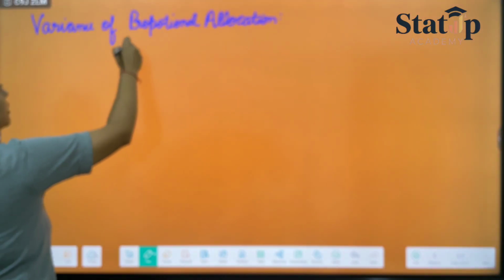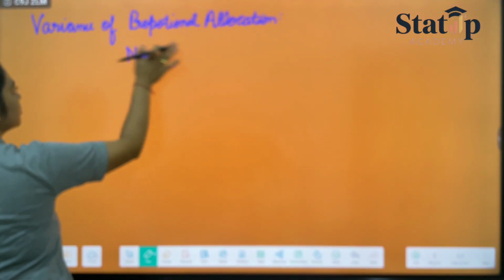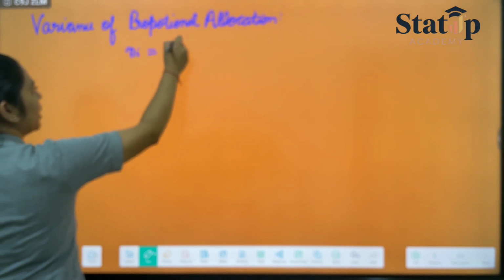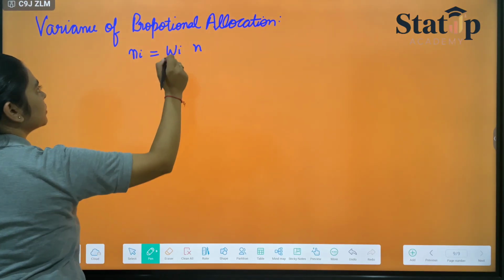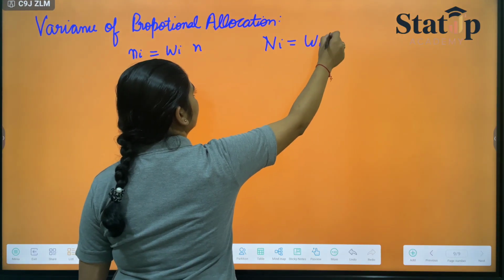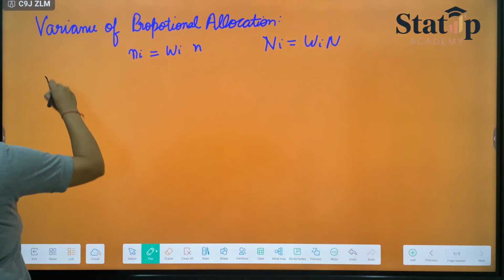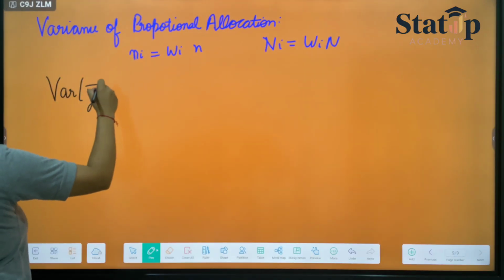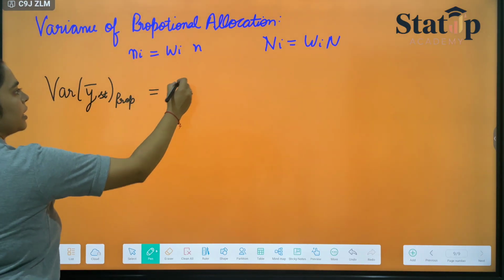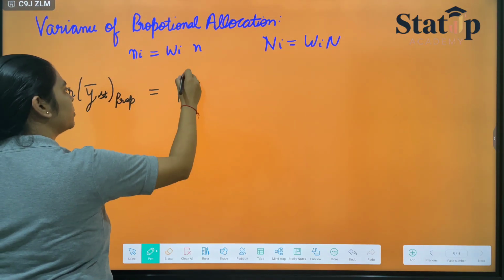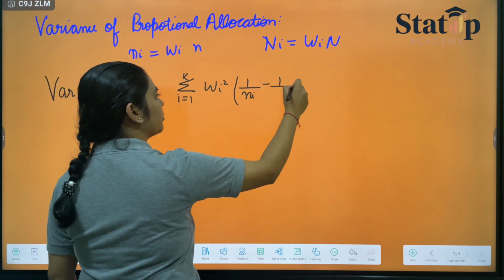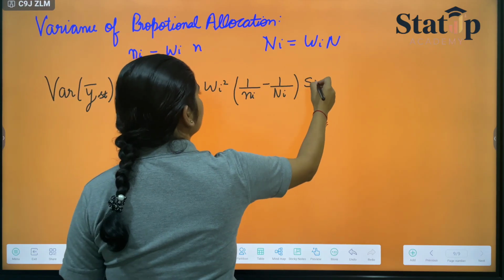We all know that small ni is nothing but Wi small n, and capital Ni is also like that, Wi capital N. So variance of y bar stratified in the case of proportional allocation is summation i goes from 1 to k Wi square 1 upon small ni minus 1 upon capital Ni into Si square.